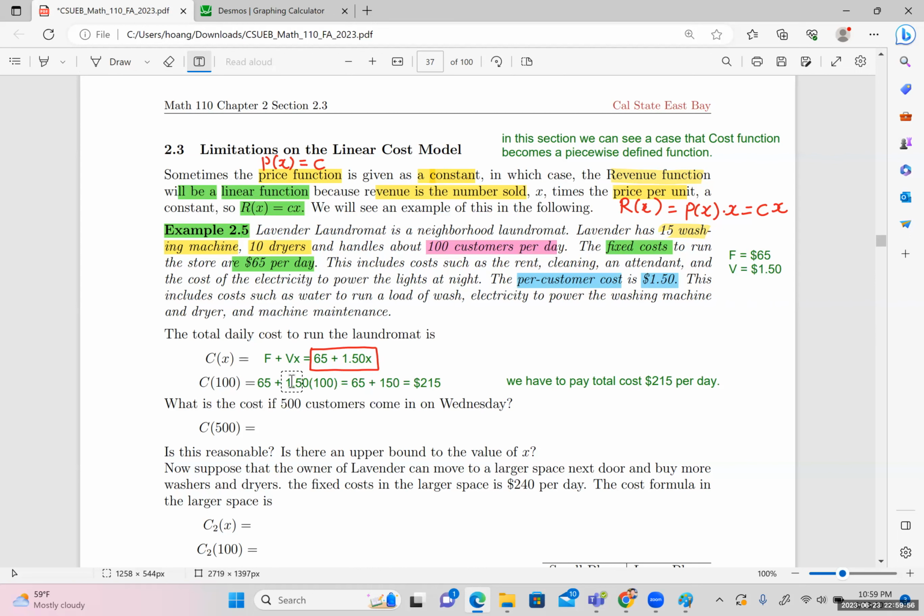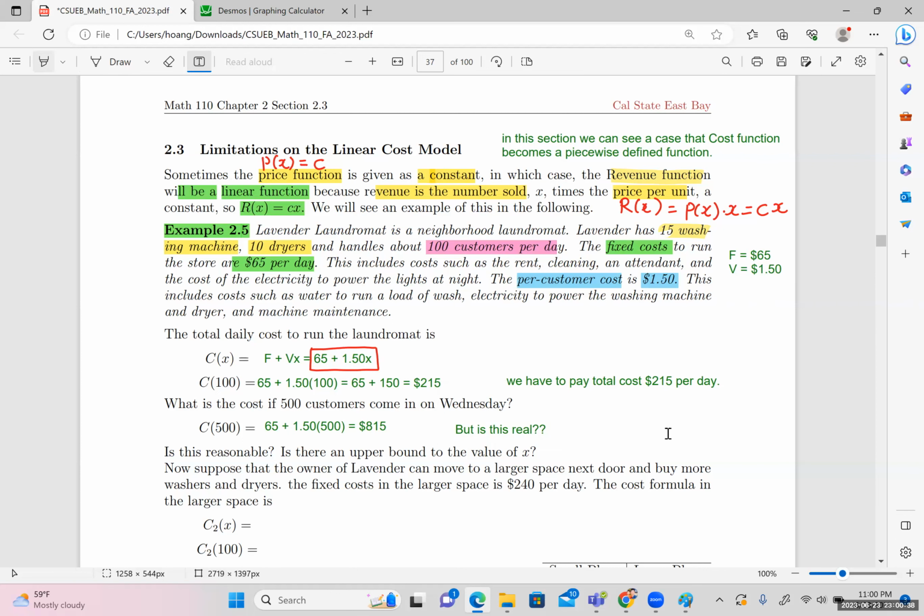According to the cost formula, I change x to be 500, and I use a calculator to get 815. So it looks like I'm going to end up paying $815 on Wednesday. All right, but is that real?